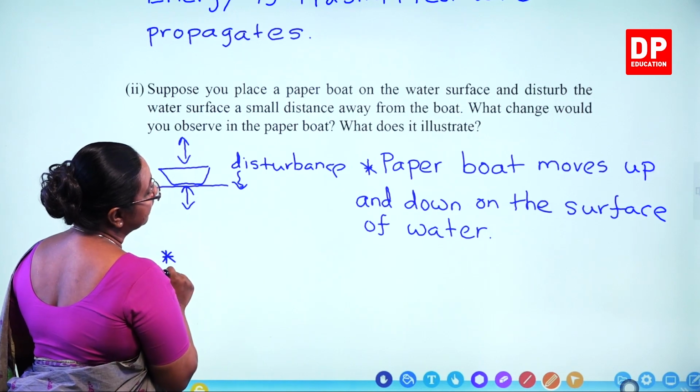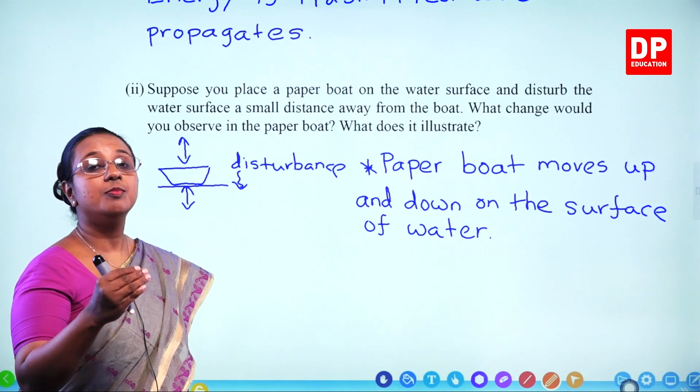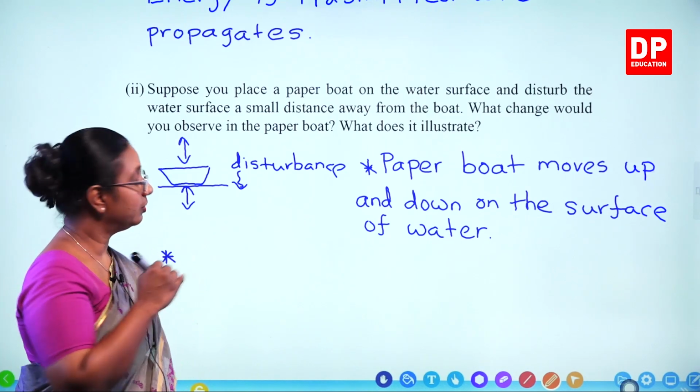So, it illustrates that the particles of medium do not move with the propagation of the wave.